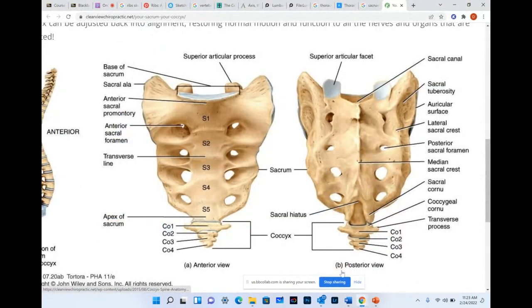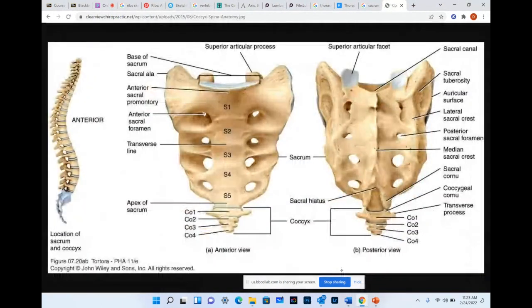See these holes? These are sacral foramen. Do you see that? This is median sacral crest, which is also called medial sacral crest. So median or medial doesn't matter. It's the same thing. So sacrum, medial sacral crest, sacral foramen.